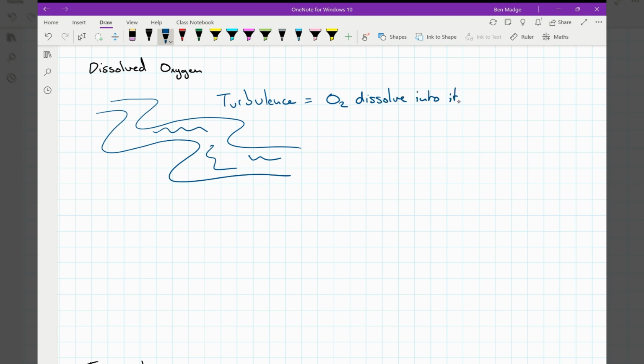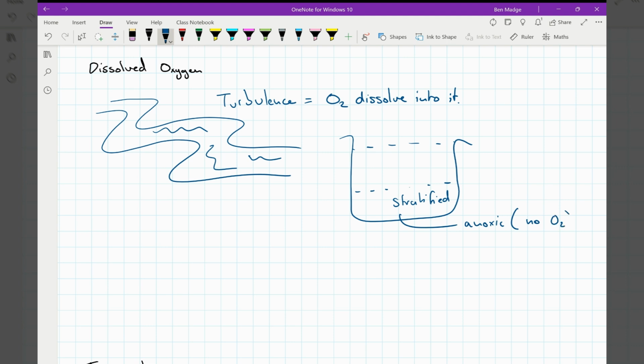This means very deep water, for example, can become stratified, where you have an anoxic or no oxygen level at the bottom because there's no turbulence and no O2 dissolving into the water.